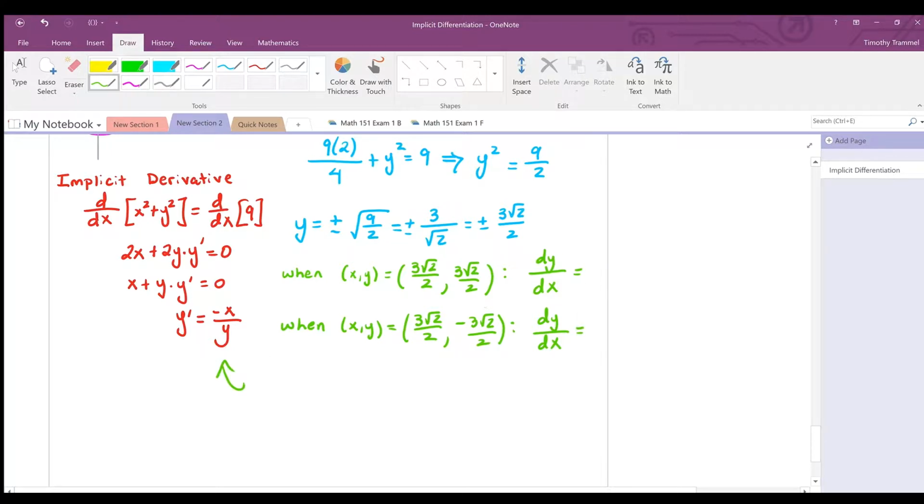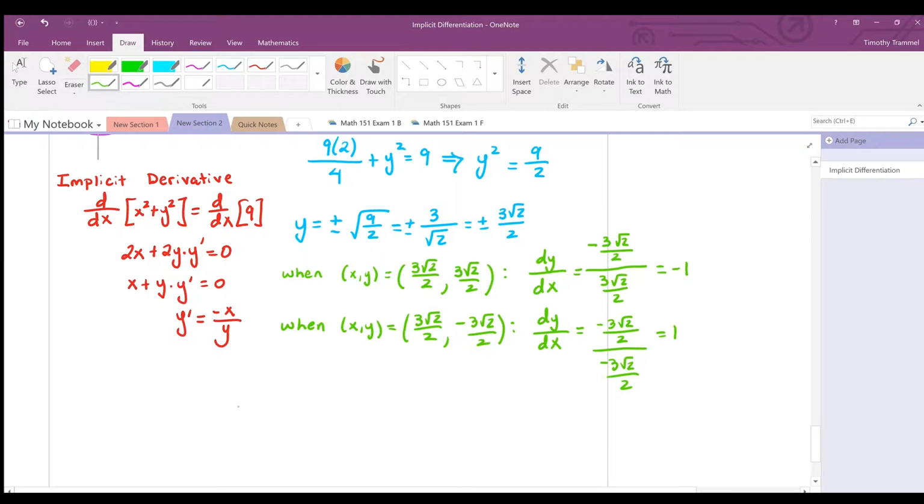So minus x is minus 3 square root of 2 over 2, and then over y, which is 3 square root of 2 over 2, this just gives us minus 1. For the second point, minus x looks like minus 3 square root of 2 over 2, and then y is already minus 3 square root of 2 over 2. So the slope here is going to be positive 1. All right, so we have our slopes.